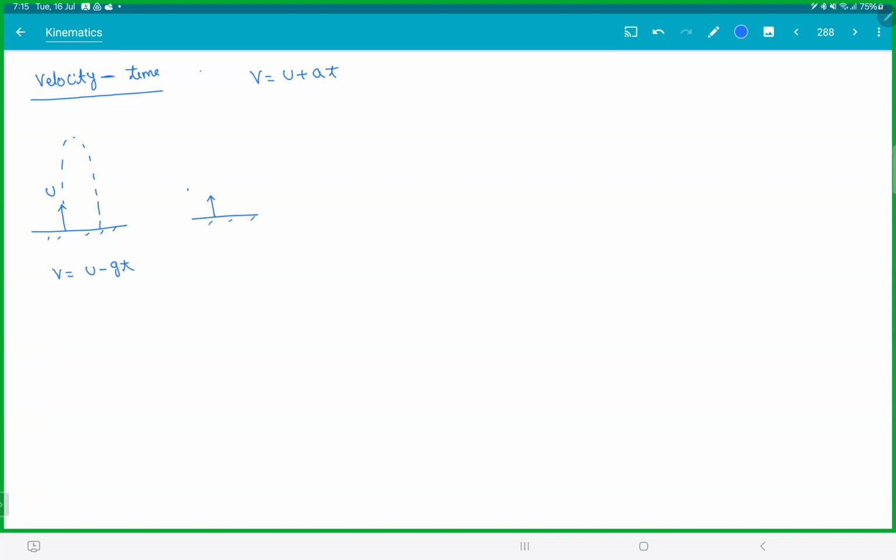After the first collision, the speed becomes half, so it goes up and comes down. The velocity is U by 2 minus GT. After the second collision, the particle goes up and comes down, the speed becomes U by 4. This is U by 4 minus GT. So if you notice something here, this is minus GT plus U. V is minus GT plus U by 2.